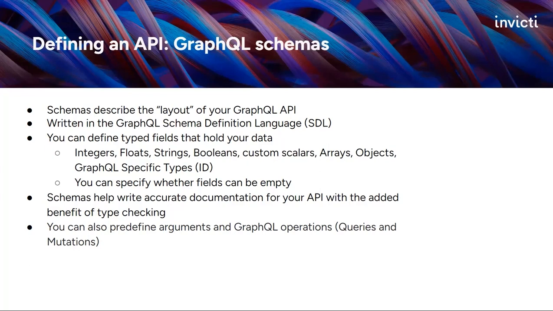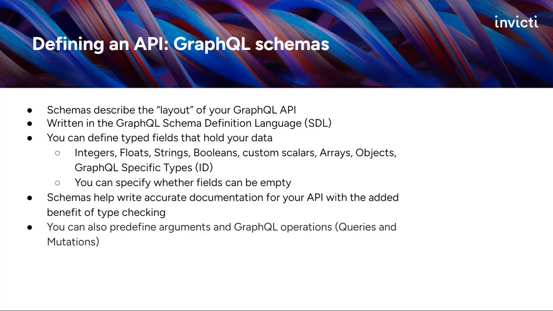You can define many types of fields for your data, for example, integers, floats, strings, booleans, custom scalars, arrays, objects, and also some GraphQL specific types like ID fields.